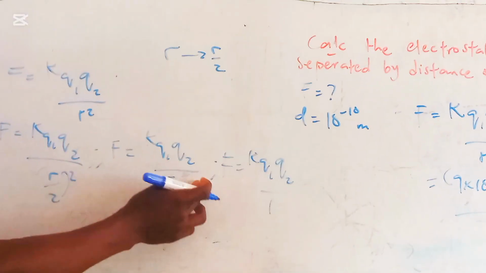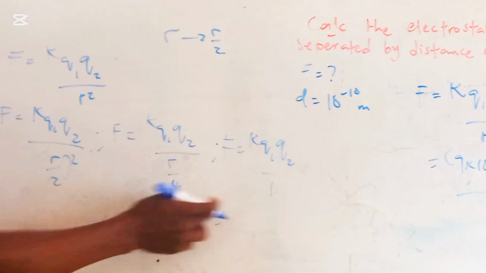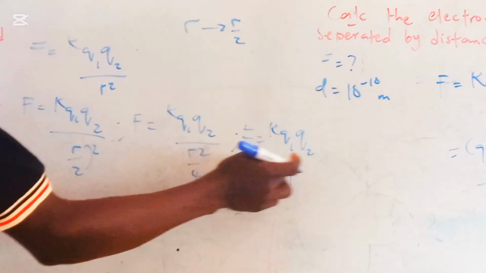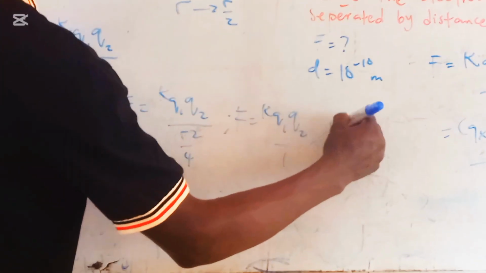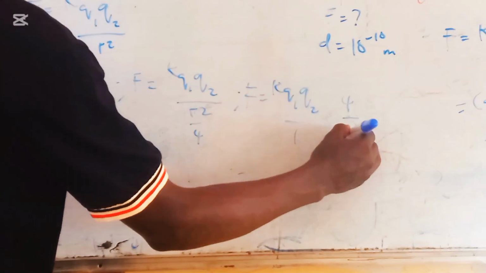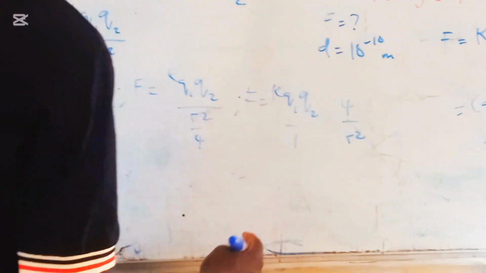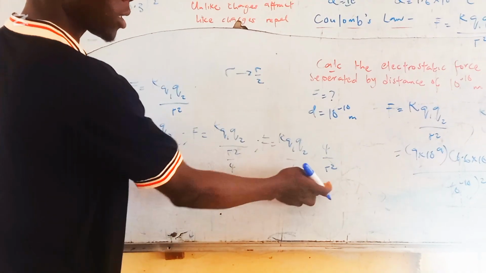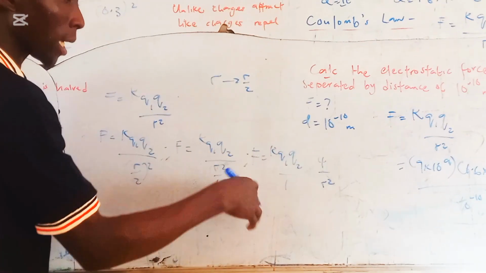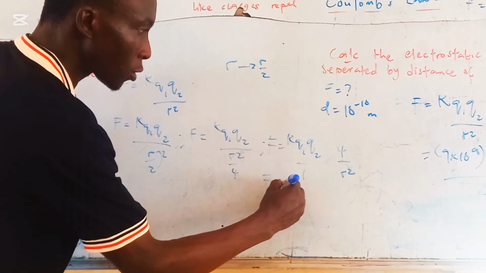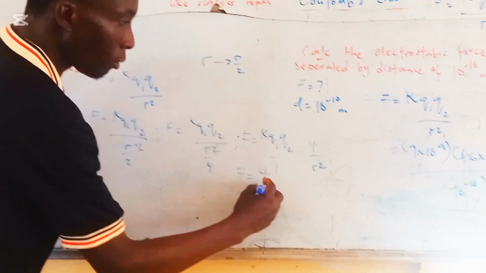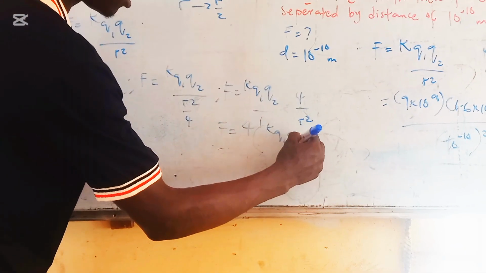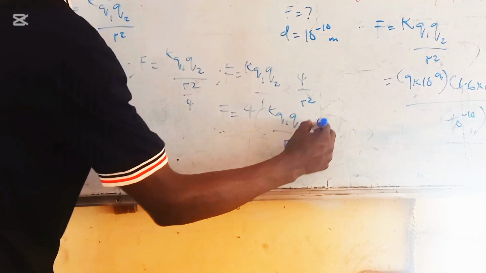If it comes here and becomes a multiplication, this 4 will be up and the r squared will be at the denominator. So we have 4 over r squared. And from here we can bring the 4 outside in brackets, the rest of it, so we are bringing the constant out. So we have 4 into brackets kq1q2 over r squared.